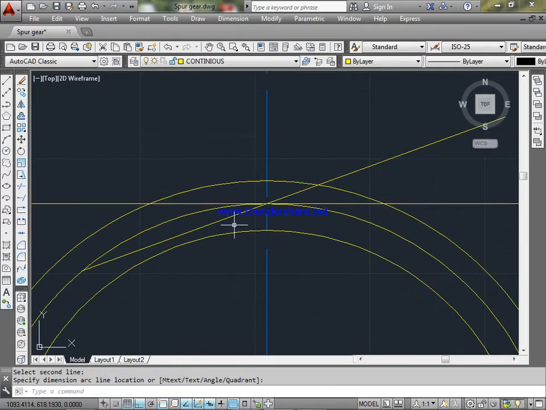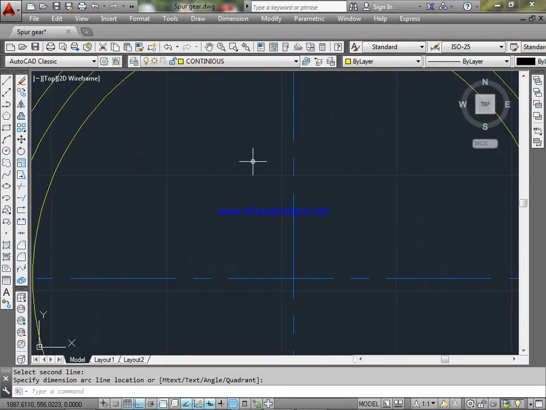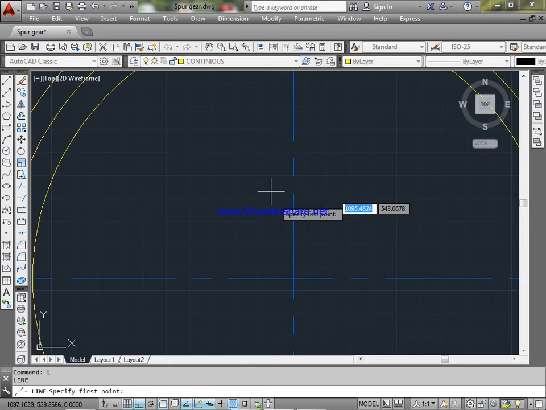Before drawing the base circle, again we draw a line with angle 20°.